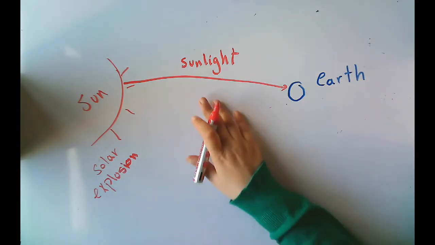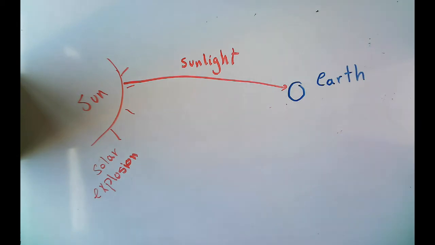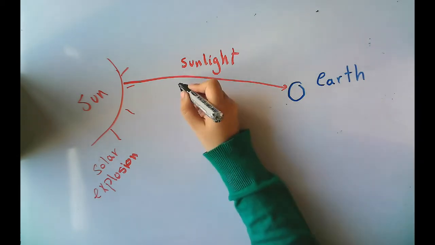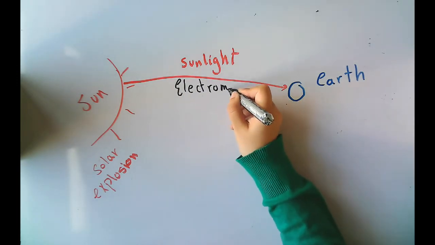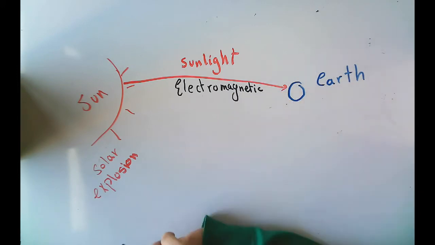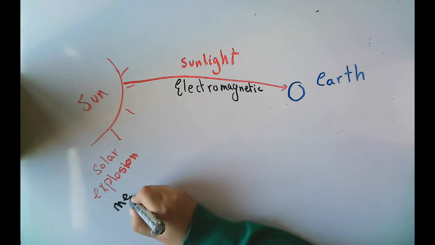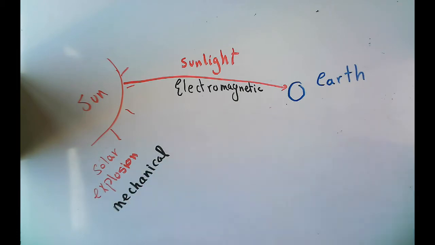Because sunlight is electromagnetic waves. But the sound of solar explosions is mechanical. Electromagnetic waves can travel through a vacuum.